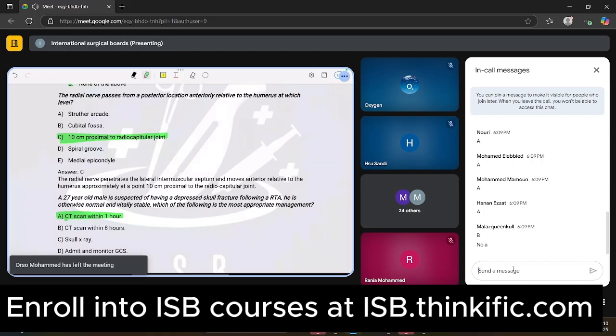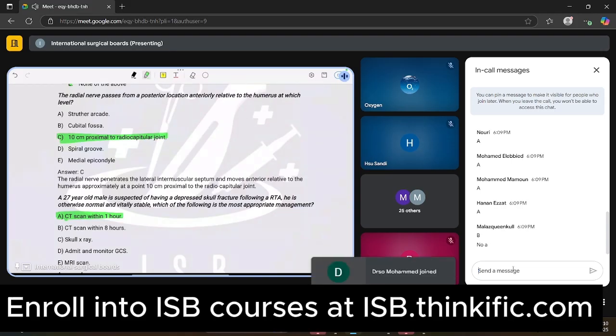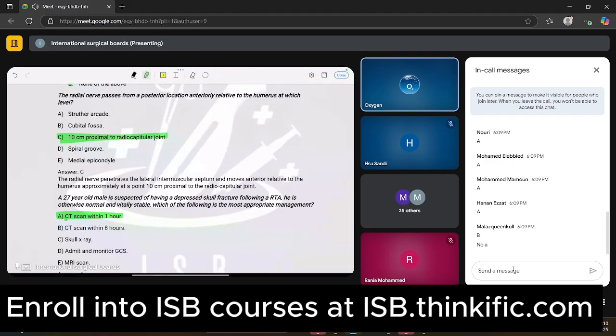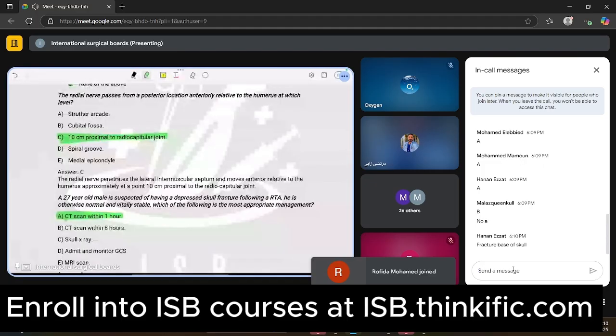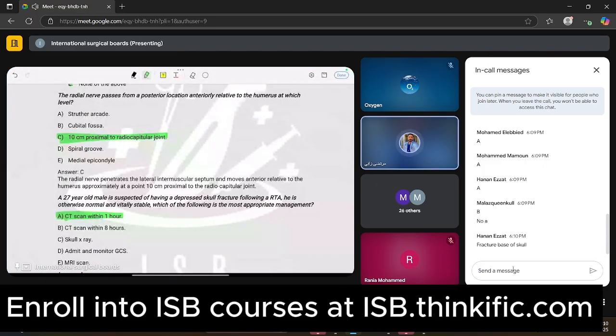Can anyone remind me of the indications? Anyone, just unmute yourself and remind me of the indications of CT scan within 1 hour. I know if GCS is less than 13, that's one of them. Yeah. Also, Glasgow Coma score below 15 after 2 hours of admission. Also, if there is any neurological deficit.